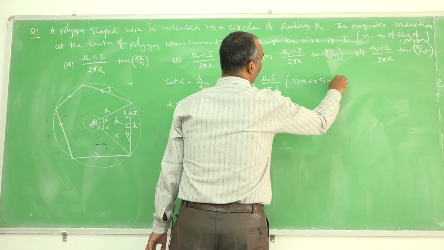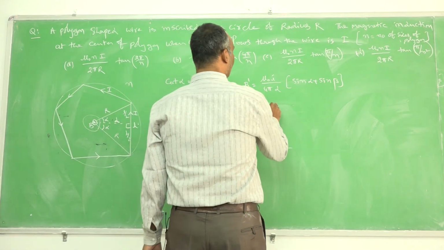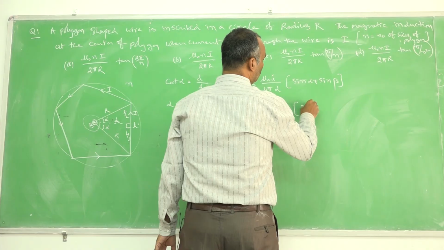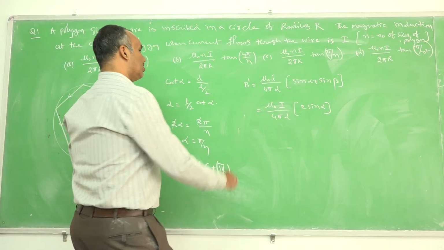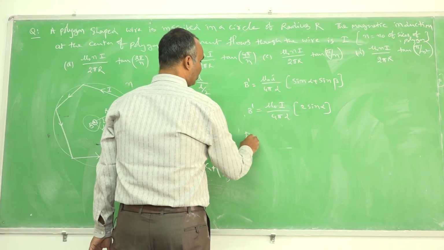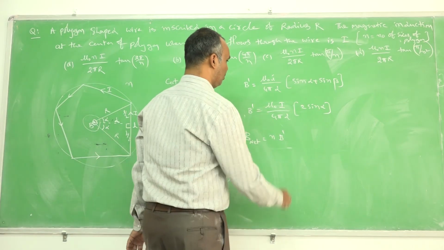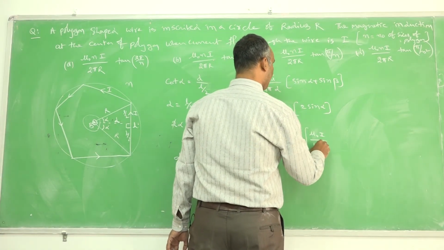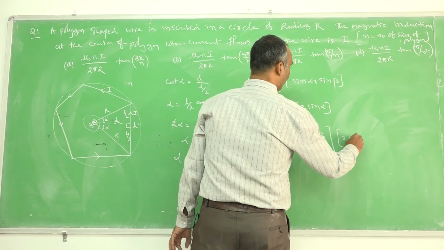This is the general formula. Here alpha and beta both are identical. So B dash is mu naught I by 4 pi d into 2 sin alpha. This is because of a single wire. Because of all the wires, net magnetic field is n times B dash. That is n into mu naught I by 4 pi d into 2 sin alpha.